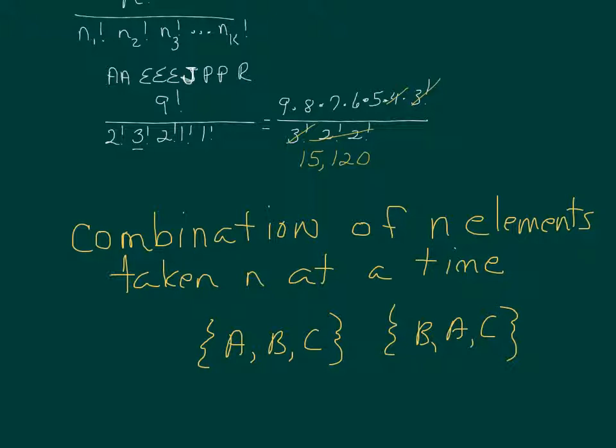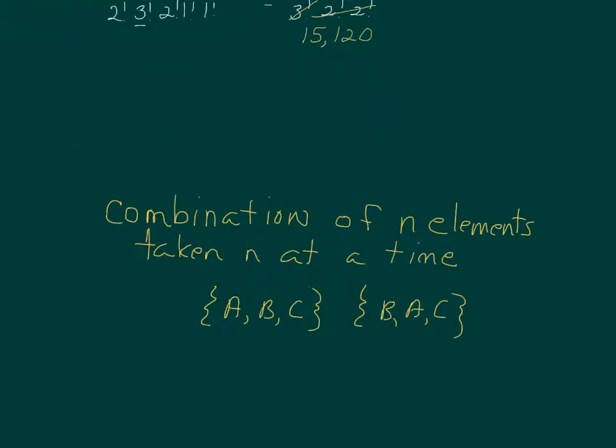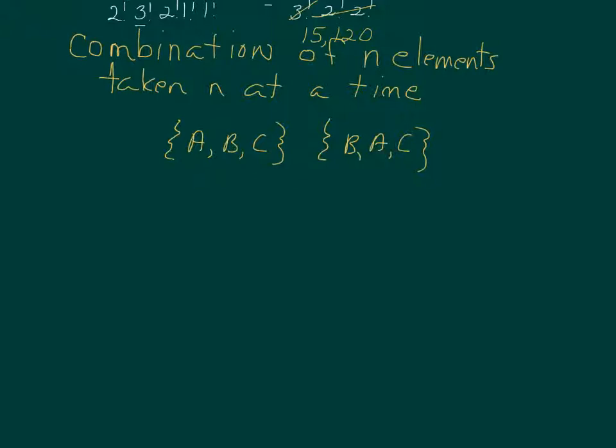Let's look at an example of n elements taken r at a time. I want to know in how many ways can I choose 3 letters from A, B, C, D, and E?